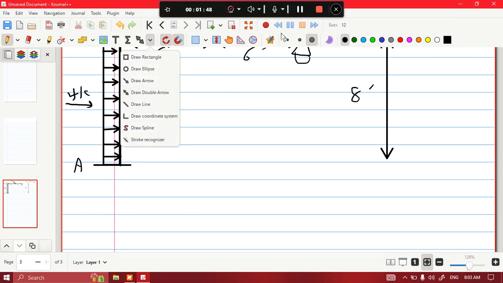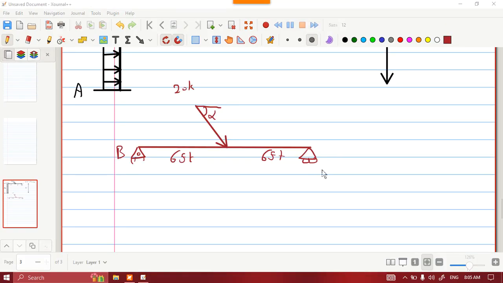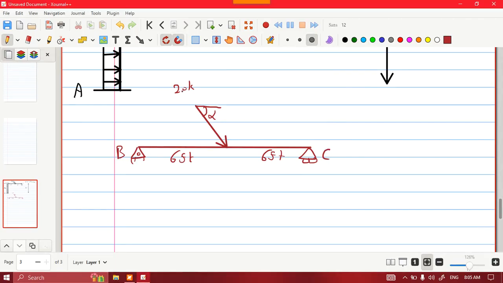I'm going to draw the beam and come back. I have drawn the beam, and now I'm going to distribute the load. I'm going to convert it into two loads, vertical and horizontal. This is going to be 20 cosine alpha, which is 20 cosine 36.86.